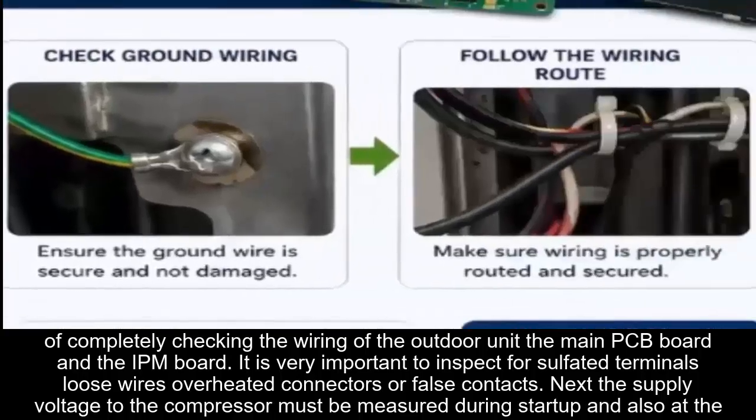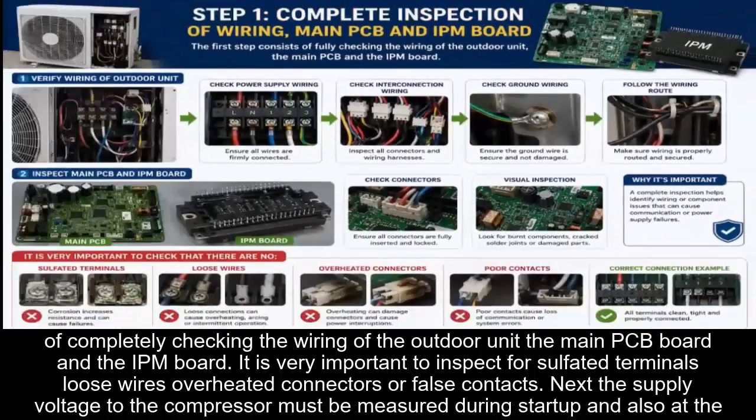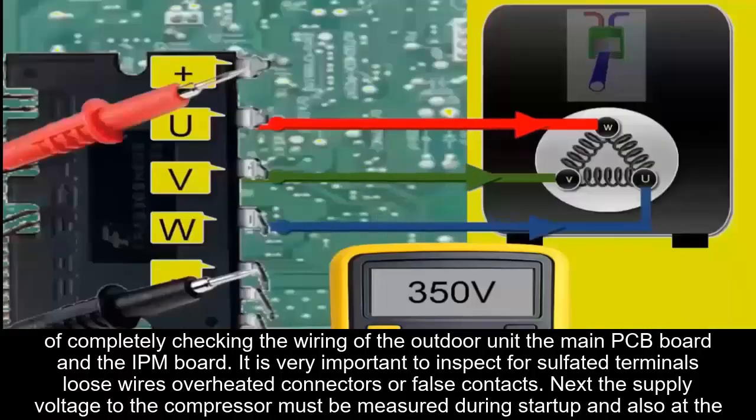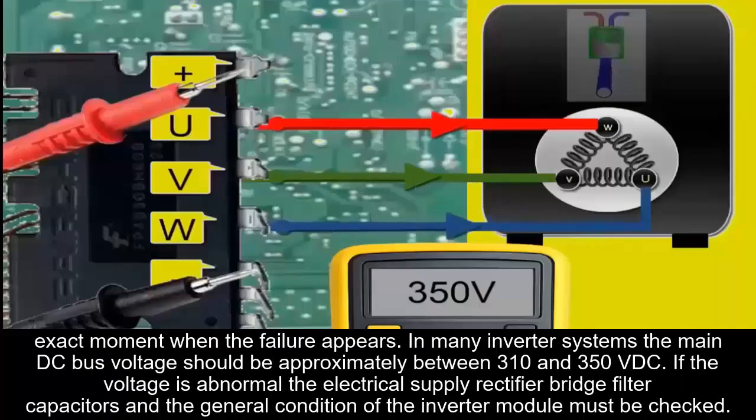Next, the supply voltage to the compressor must be measured during startup and also at the exact moment when the failure appears. In many inverter systems, the main DC bus voltage should be approximately between 310 and 350 VDC.